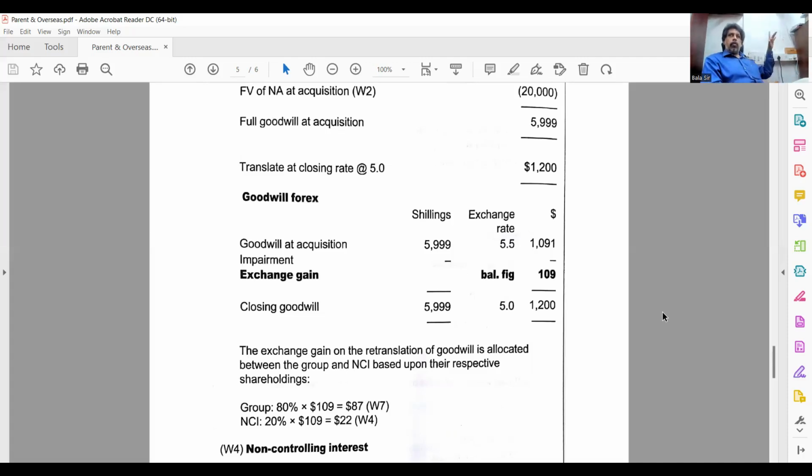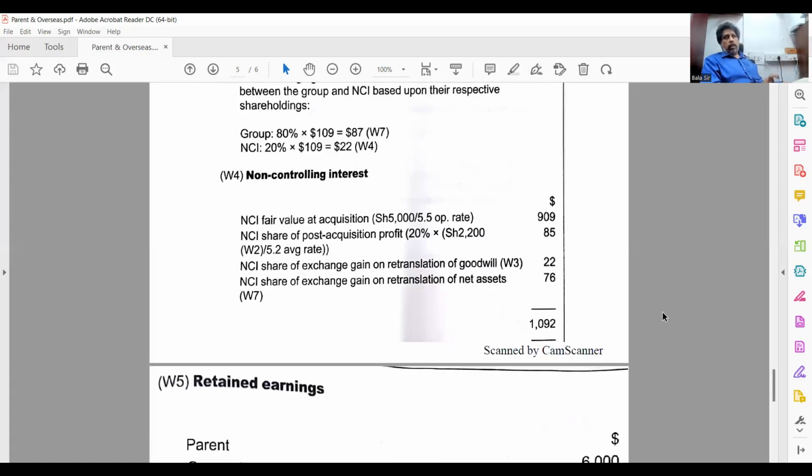Working note number 4 is what we normally do, non-controlling interest. That is, I want the NCI to be shown on the balance sheet as on 31st December 20x7. That's very simple. I take the non-controlling interest as on acquisition date, which is 5,000 shillings, and divide by 5.5, the exchange rate on acquisition. How many dollars do you get? $909.